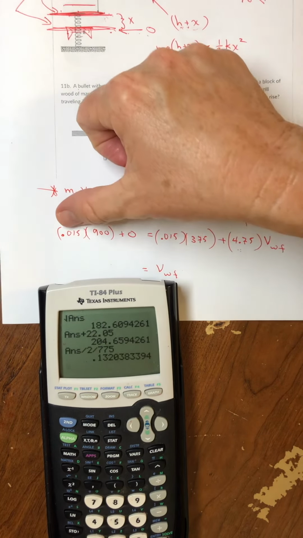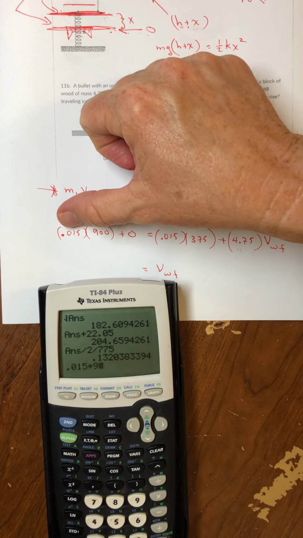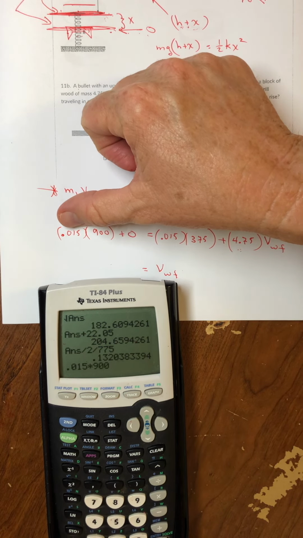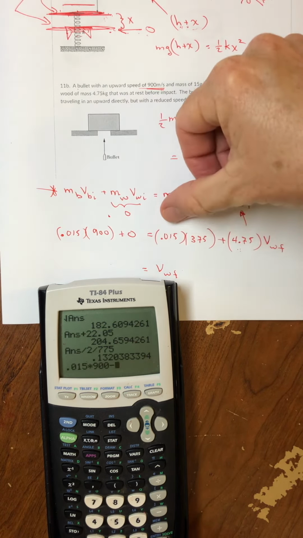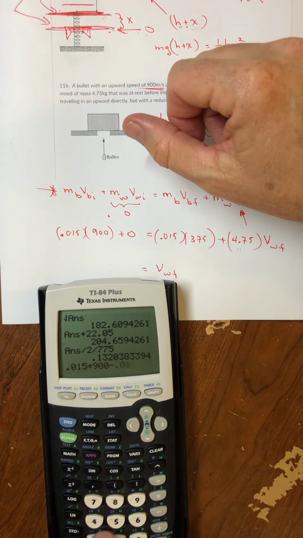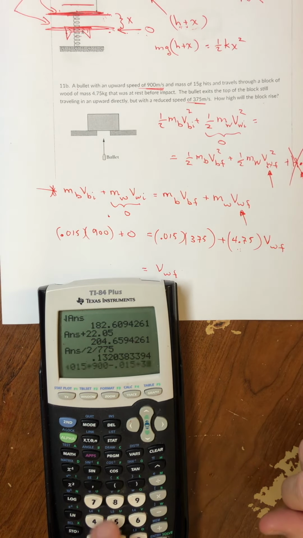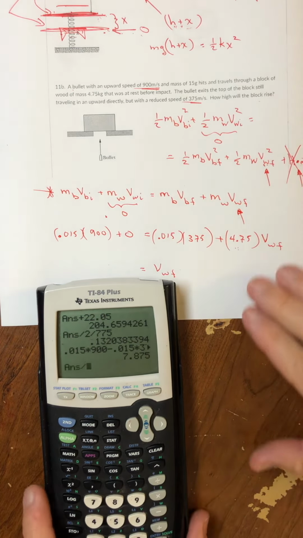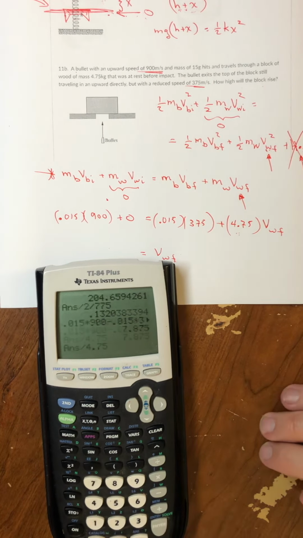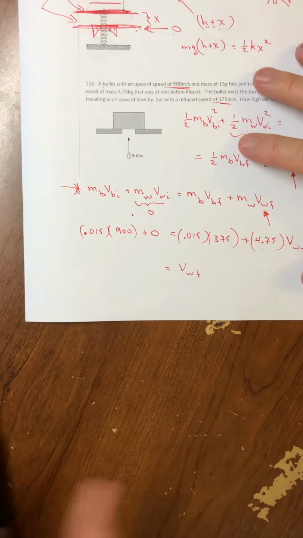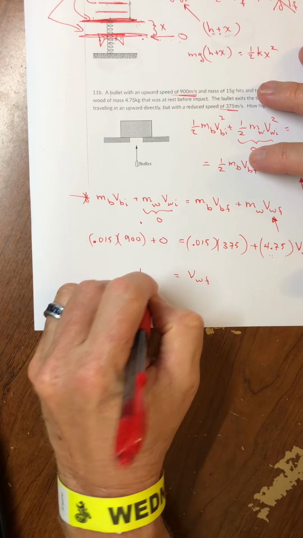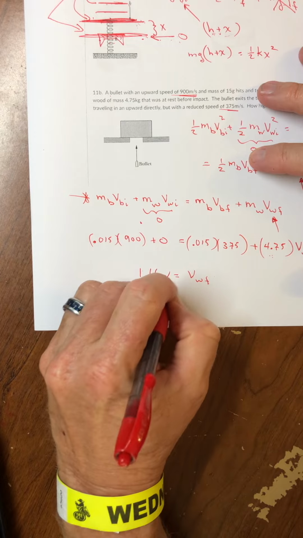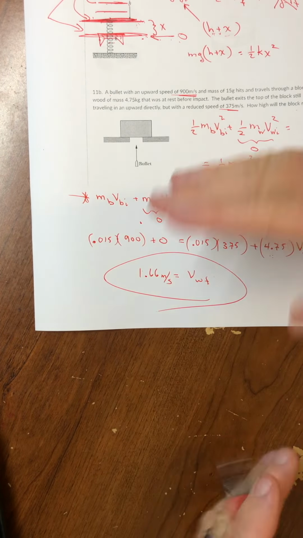So if I take these numbers, 0.015, and multiply it by 900, and then subtract, moving this over, 0.015 times 375. That's those two together. So then if I divide that by the 4.75, we're looking at a speed of about 1.66 meters per second after the bullet passes through.